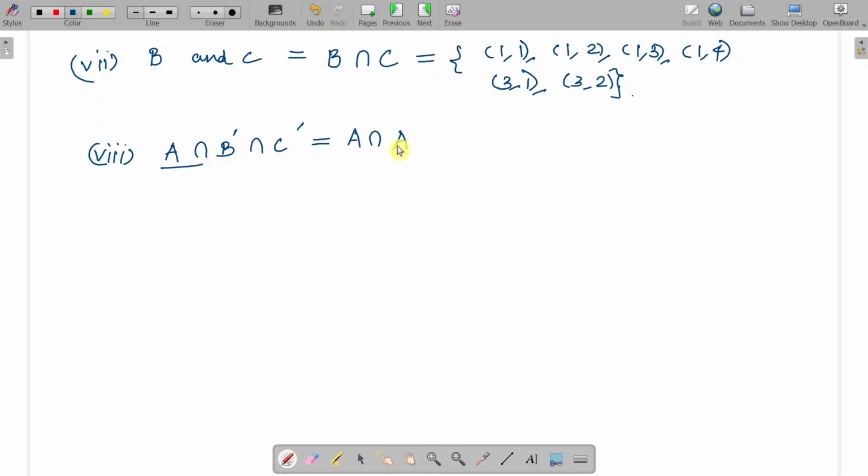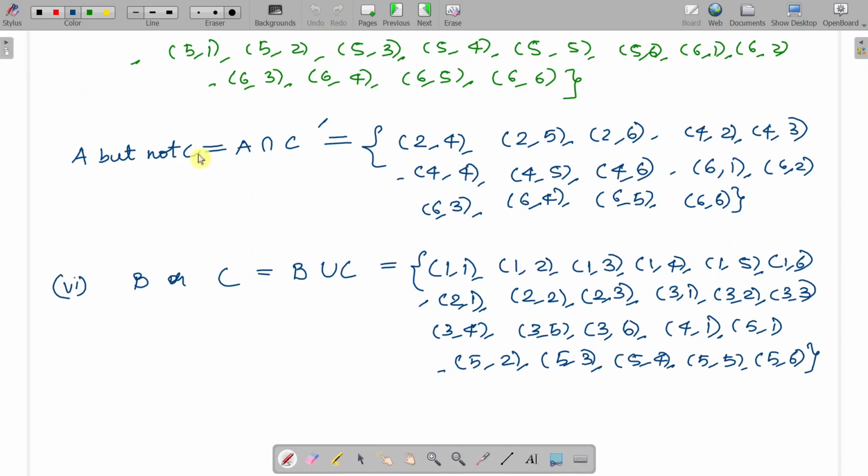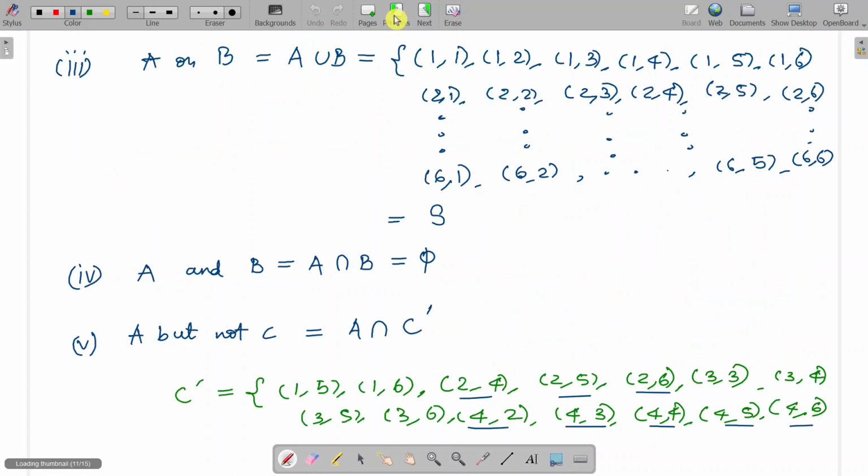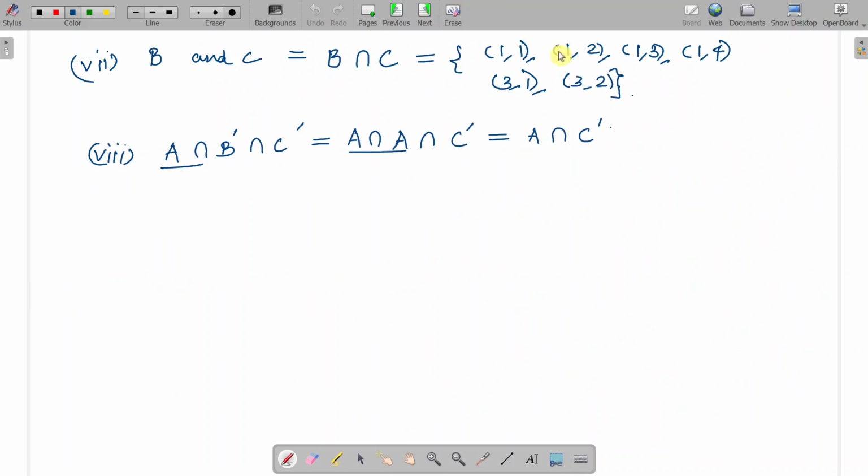We have found this out in the second question. Not B, that is B complement, is A. So A intersection A is what? A only, right? Intersection C complement. So this is what we have to find, and that we have already found out here, right? A intersection C complement. Okay, so simply we have to write the set which is there here.